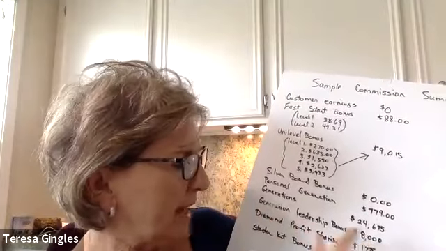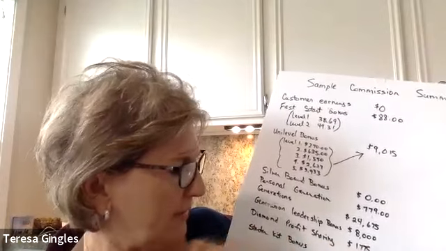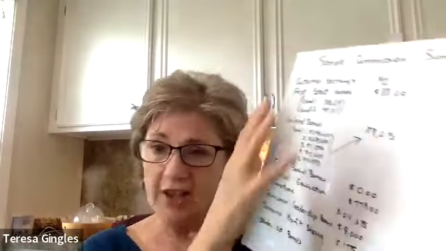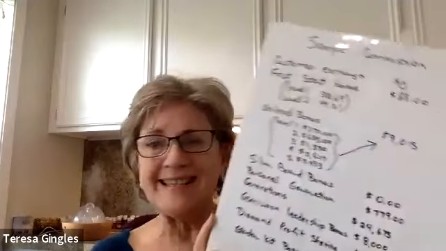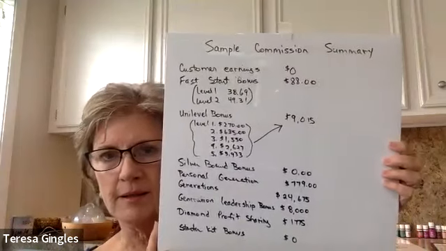Generation leadership bonus, $8,000. Diamond profit sharing, $1,775. Starter kit bonus, 0. So I did all this, and it ended up around $44,000 for that month. That's pretty good cash. So this is a sample of what it can look like when you hit higher ranks.